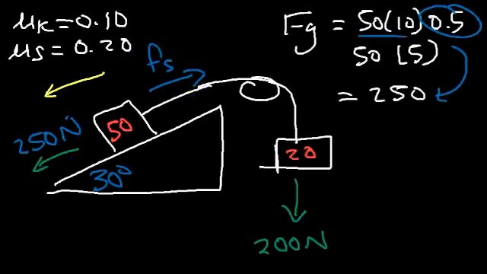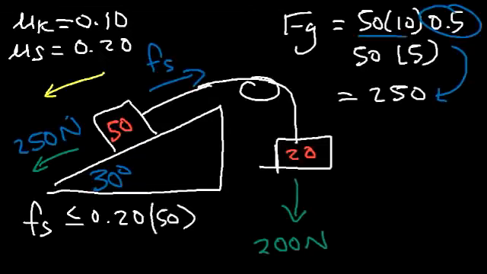So let's find out what situation we have in this example. So mu s is 0.20 times normal force, which is mg cosine theta, or 50 times 10 times cosine 30. So 50 times 10 is already 500 times 0.2, that's 100, times cosine 30, which is 86.6.